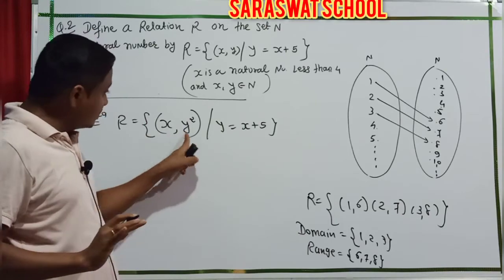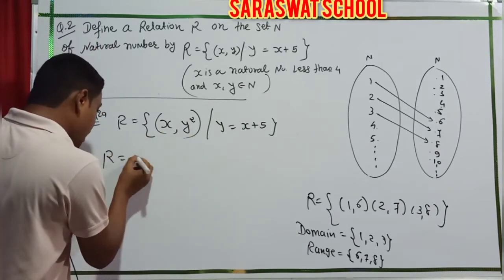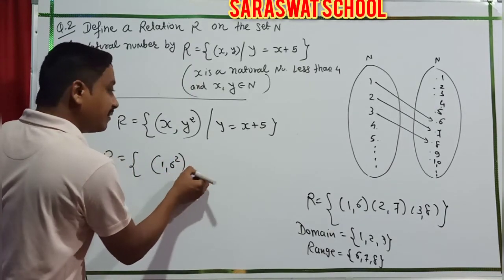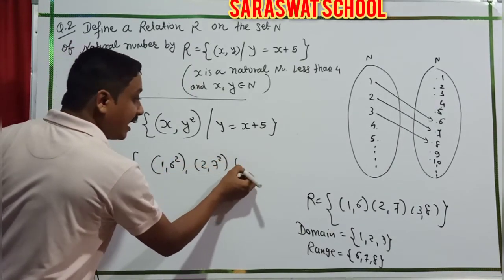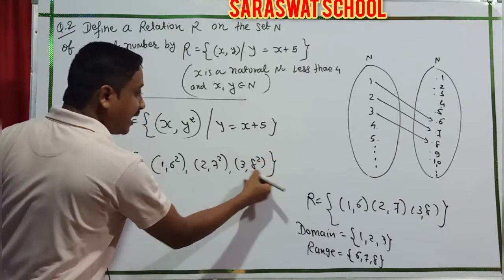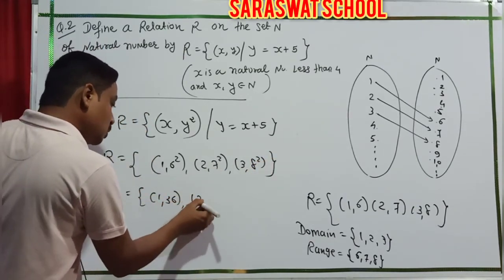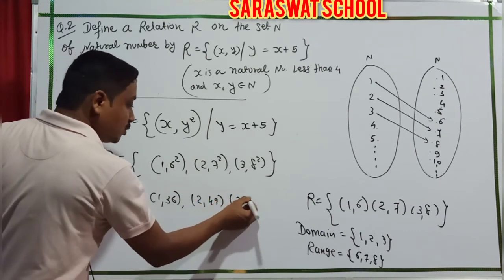So the answer changes here, students. What is R? Putting 1 gives 6 square, putting 2 gives 7 square, putting 3 gives 8 square. And then the answer is 1 to 36, 2 to 49 and 3 to 64.